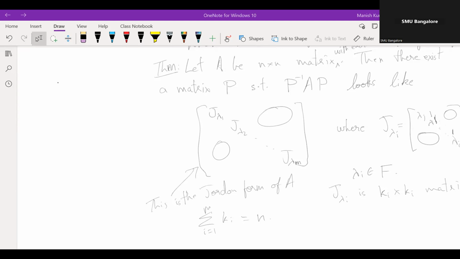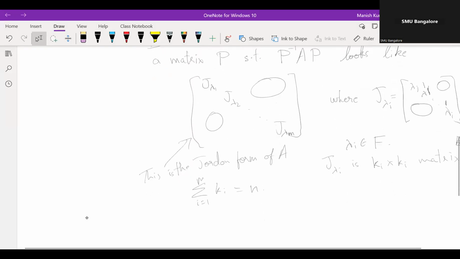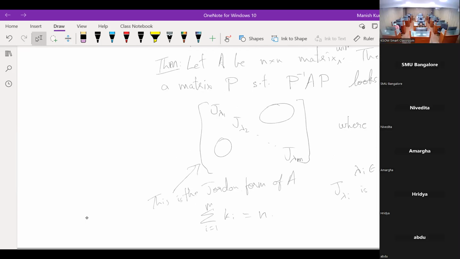What can you say about the eigenvalues of A? Tell me, this is not something too much to ponder about. What are the eigenvalues of A?